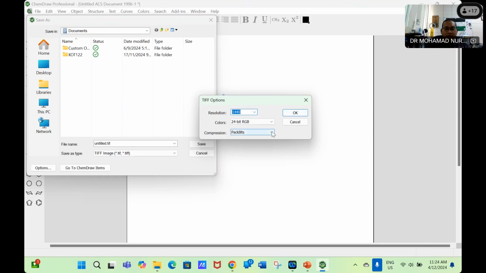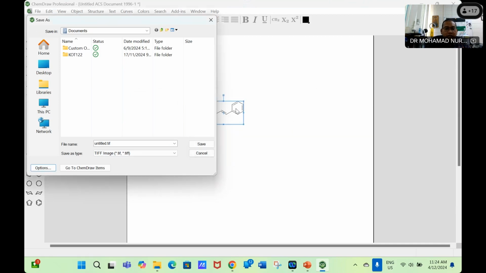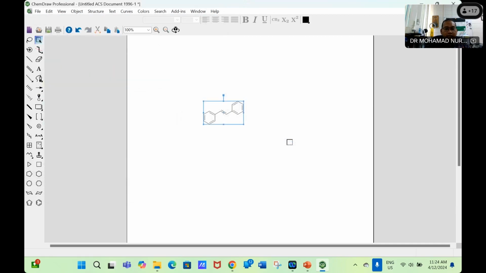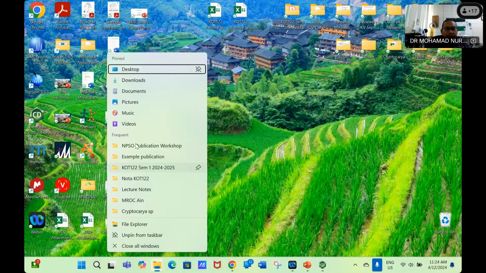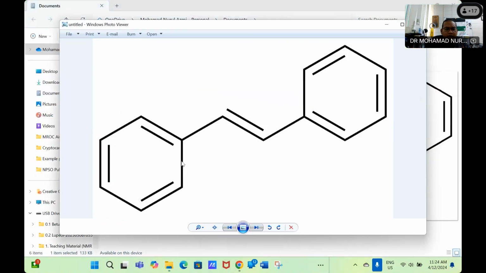So save. You can save your documents. So this is the high resolution of the figure.